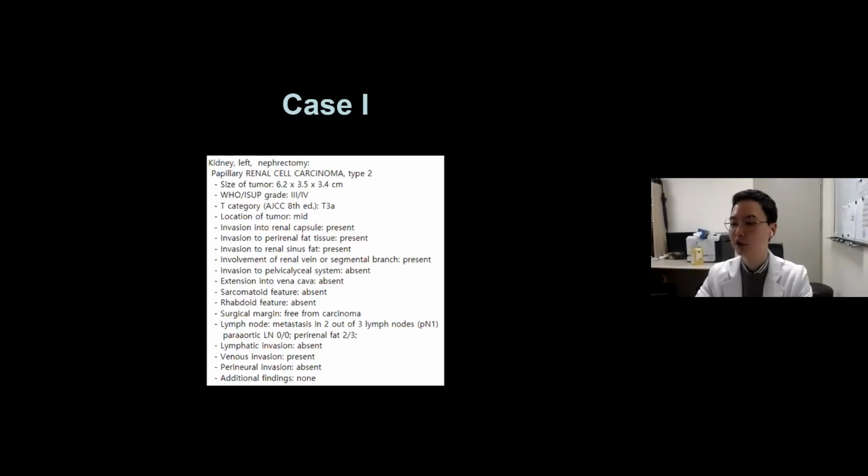So again, FDG PET-CT has a somewhat limited role in diagnosis of RCC, but it can have its role for depicting the extrarenal regions. And other agents such as acetate or choline can be used for evaluation of RCC.